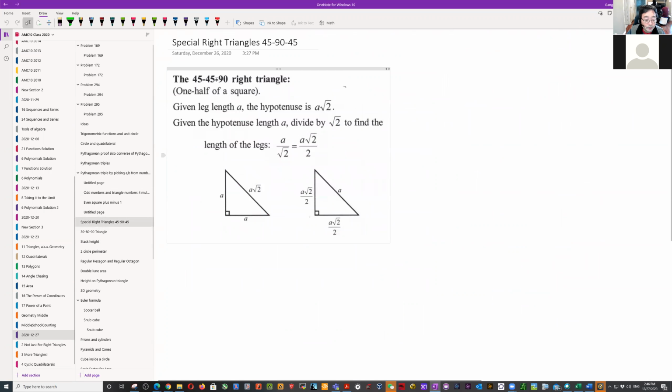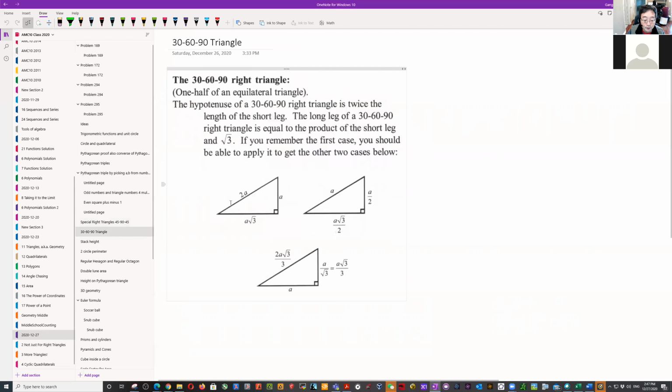And since this is a 45-45-90 triangle, it's just an isosceles right triangle with a 1 to square root of 2 relationship. Then there's the 30-60-90 triangle: the side opposite 30 degrees is A, the hypotenuse is 2A, and the other leg is A square root of 3.